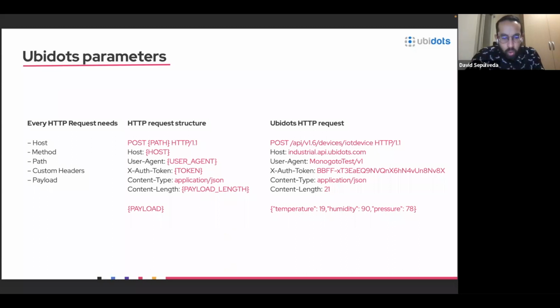And if you read through the next 4 lines, those are all custom headers. Let's focus on the second one, X-Auth-Token. This is really important because it's the only way you can actually authenticate your request with the Ubidots API using one of your tokens. Otherwise, we would reject the data.